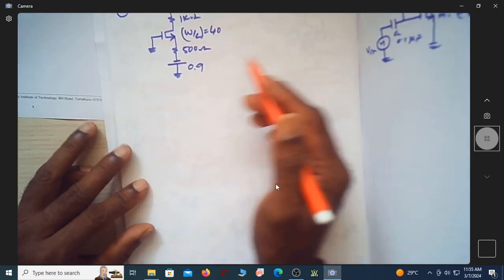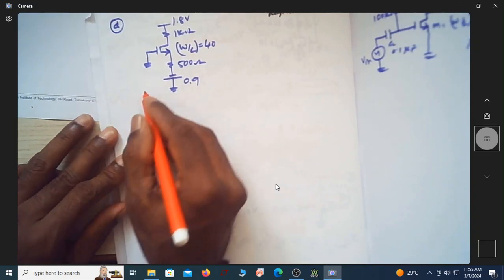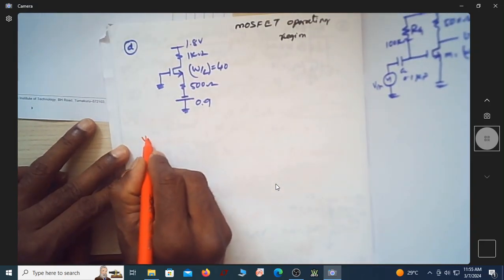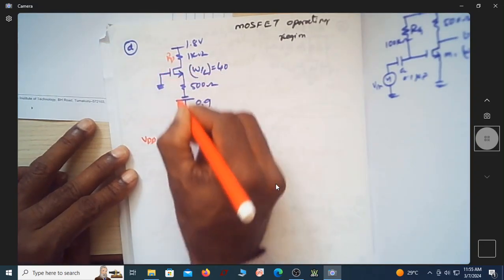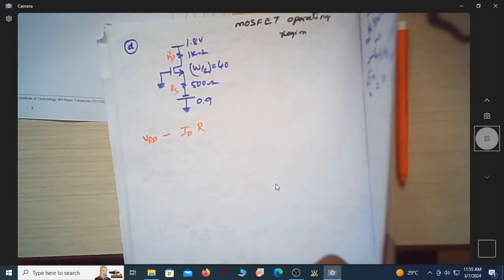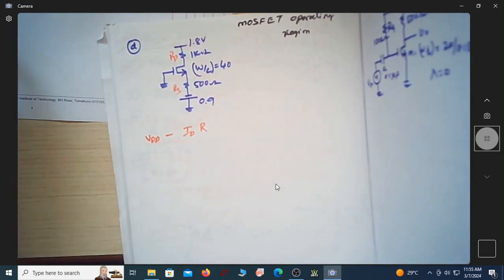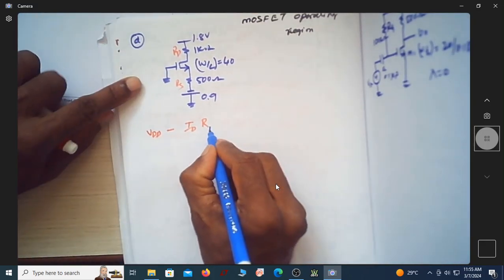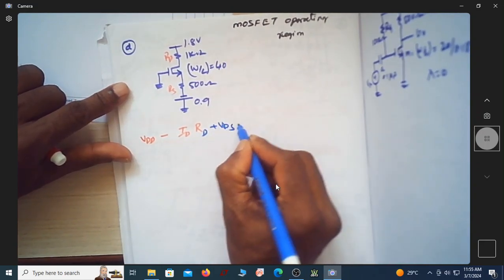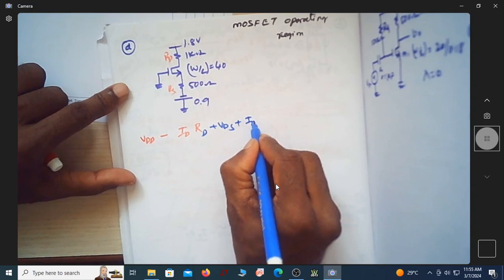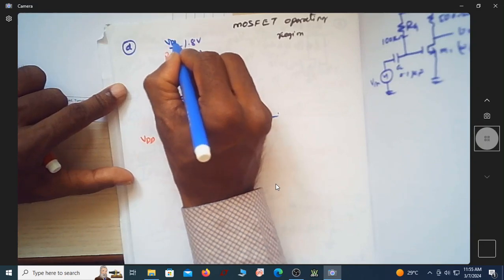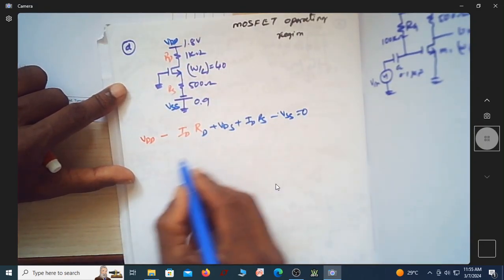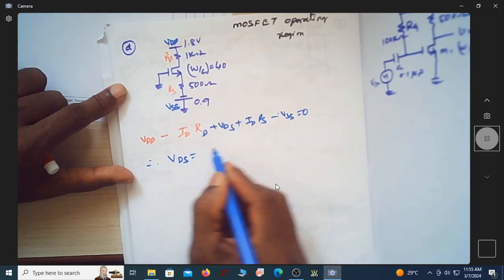This is one more. Again, if you write the KVL for this, it is VDD minus ID into RD, plus VDS, plus ID into RS, minus VSS equals 0.